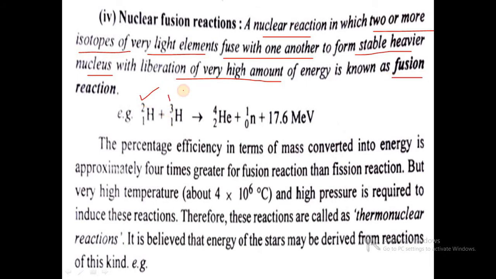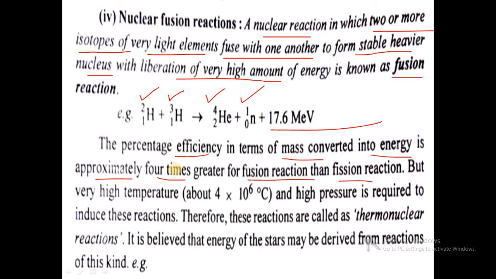That is, deuterium and tritium combine, and we get helium nuclei with a neutron and a large amount of energy, 17.6 million electron volt. The percentage efficiency in terms of mass converted into energy is approximately 4 times greater for the fusion reaction than the fission reaction. So the energy liberated in nuclear fusion is 4 times greater than in nuclear fission.